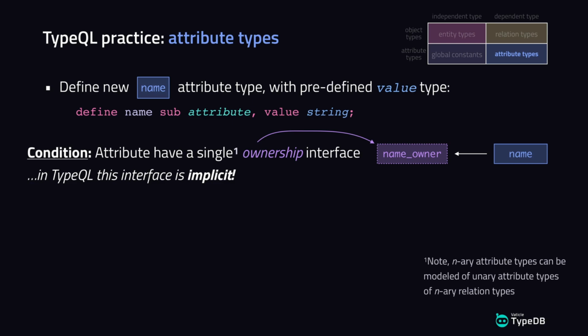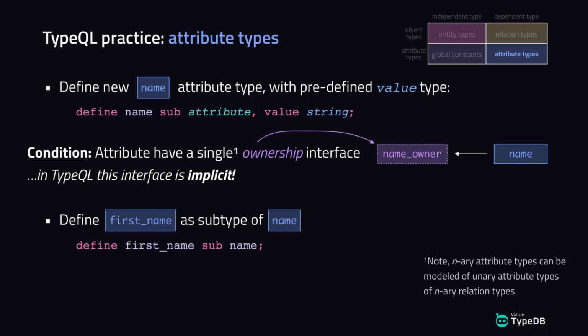So there would be some ambiguity here, and the model becomes clearer if we just work with a single ownership interface for each attribute. Given there's only a single one, we can keep it implicit, and we don't need to explicitly provide an identifier, a label for that interface. So here I just came up with one. I'm calling it name owner, and I'll be carrying that around for illustrative purposes. But yeah, it is important that these ownerships are implicit.